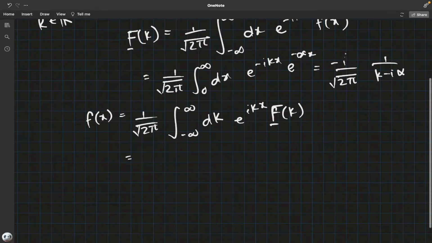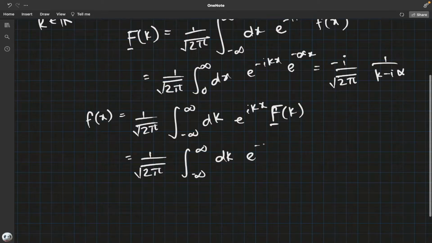Here it definitely is with the negative i. I'm just writing stuff out, being a little slow here. I don't want to rush into it. Just literally substitute everything in.